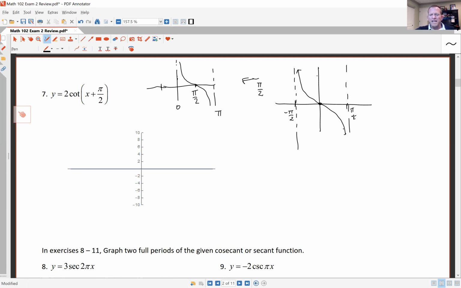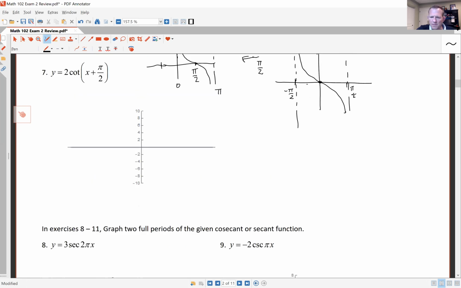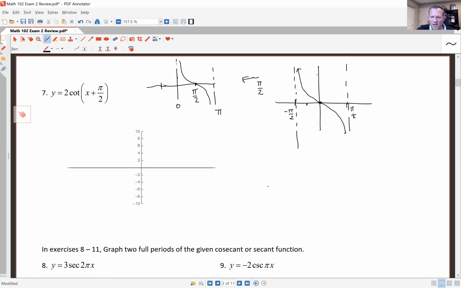So essentially it looks like the tangent graph reflected about the x-axis. And so then we'll remember these critical points are going to get us up to 2 and down to -2. All right, so it looks like our tick marks then need to go by pi over 4s.